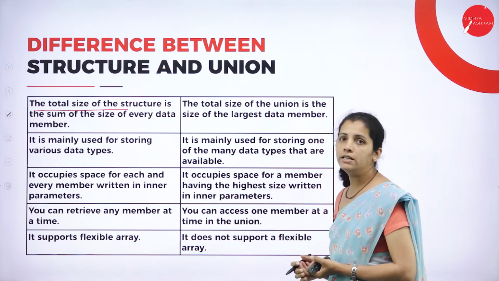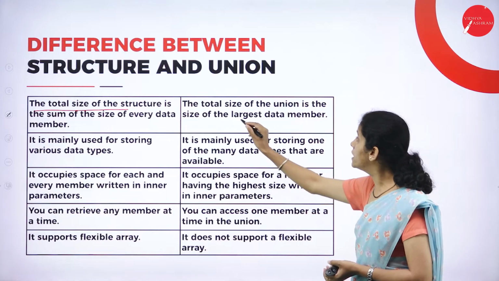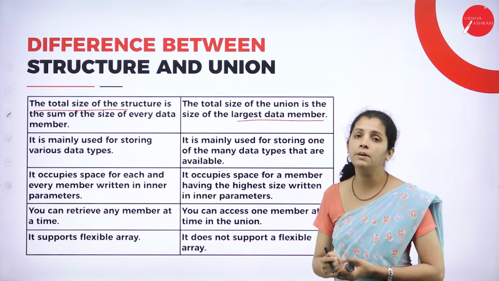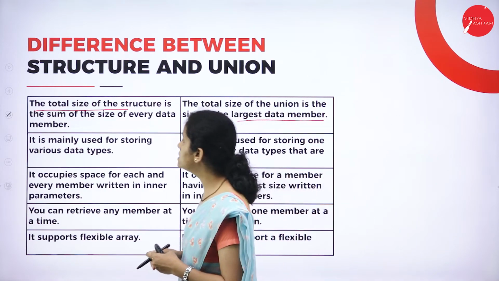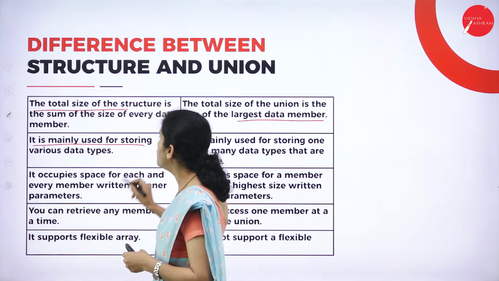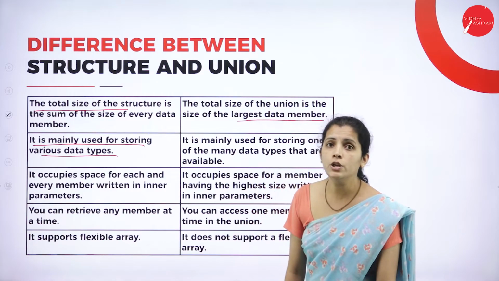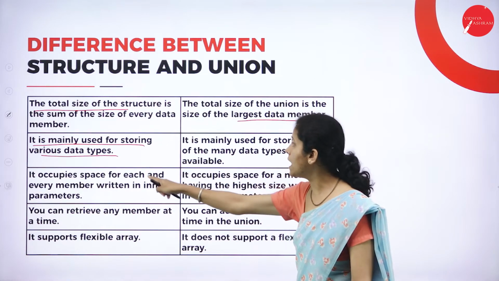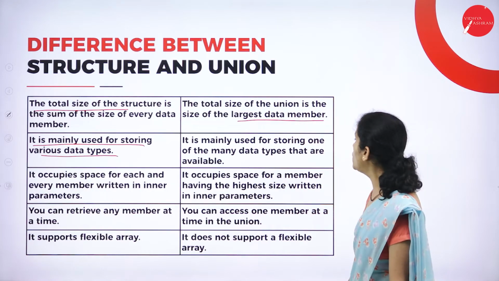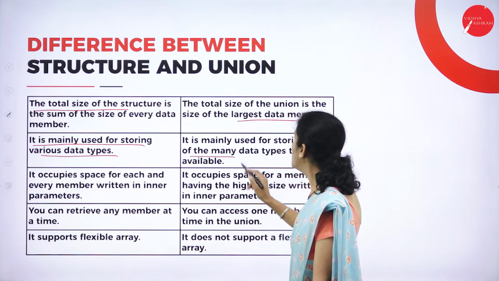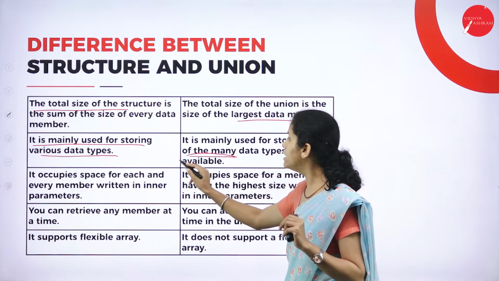But in a union, the total size is always the size of the greatest data member. Structures are mainly used for storing various data types, whereas a union is mainly used to store one of the many data types that are available.